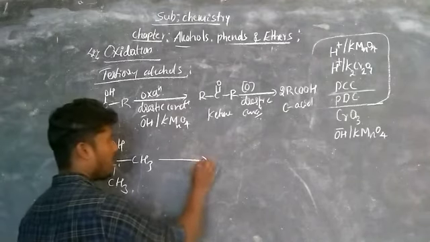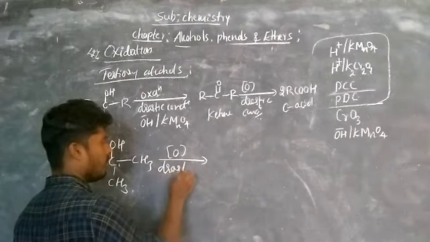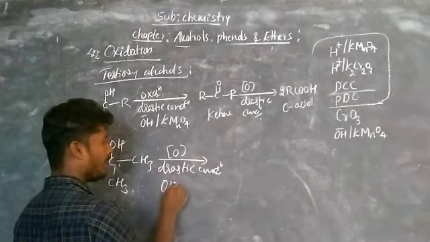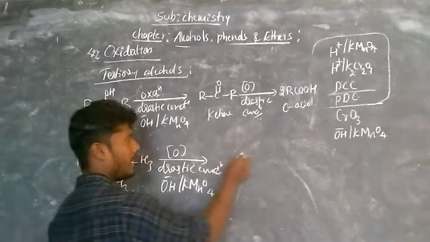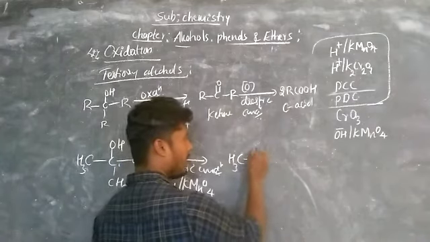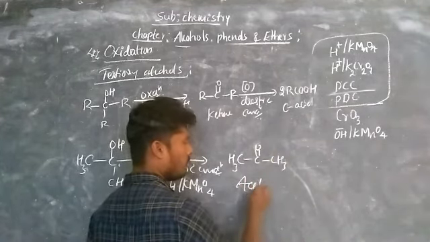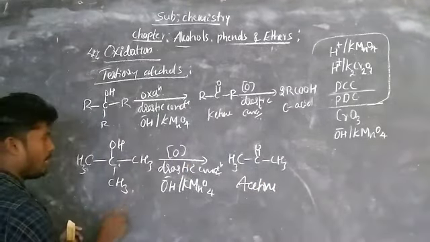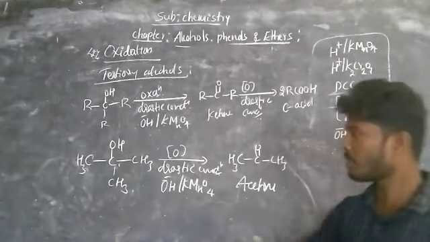This is oxidized in the drastic condition, in presence of alkaline potassium permanganate. You get a ketone like CH3–C double bond O–CH3, that is acetone. Okay, here one methyl group is removed because there is no hydrogen here.